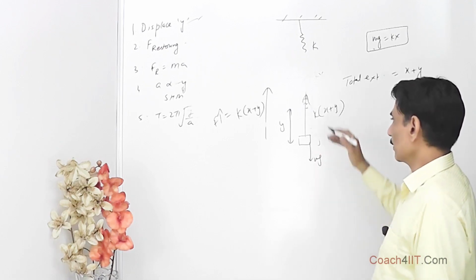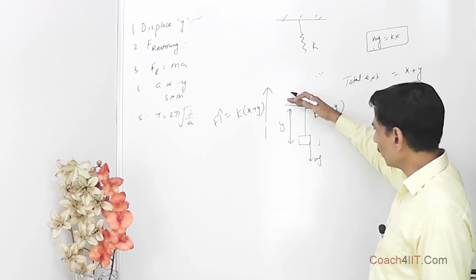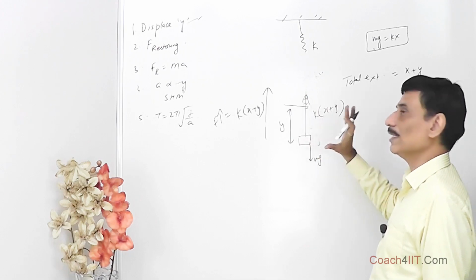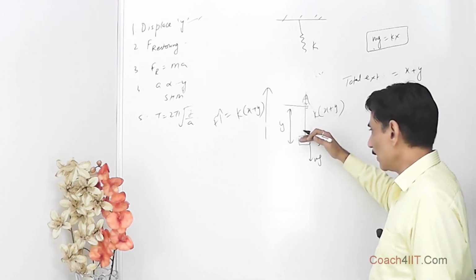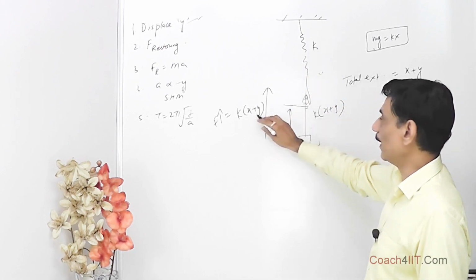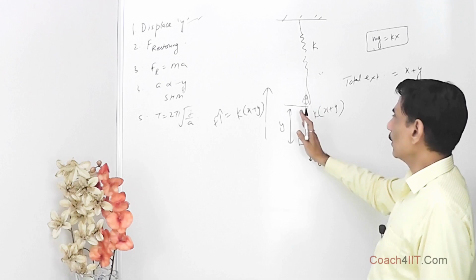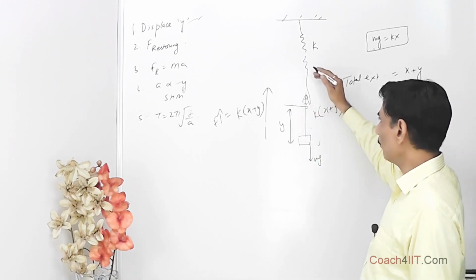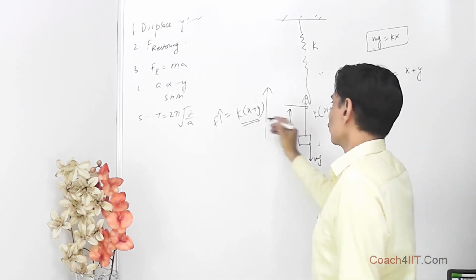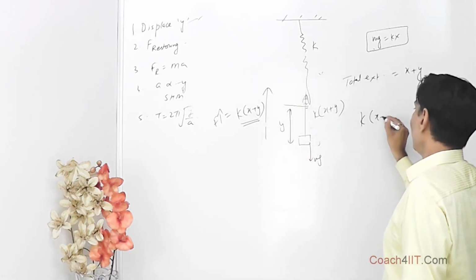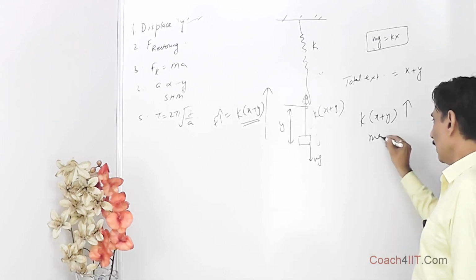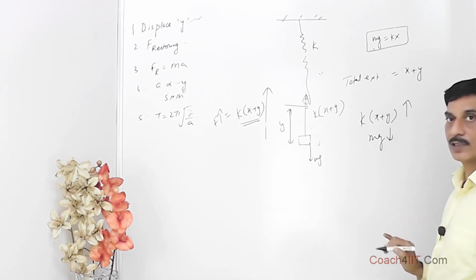So now what has happened is, we have displaced the body from here by distance y. It has come over here, and we have released it. Because it has been displaced by distance y, the total extension in this spring is x plus y. As a result, the force applied by this spring onto the block is k(x plus y) in the upward direction, and mg, Earth, is still applying a force in the downward direction, right?